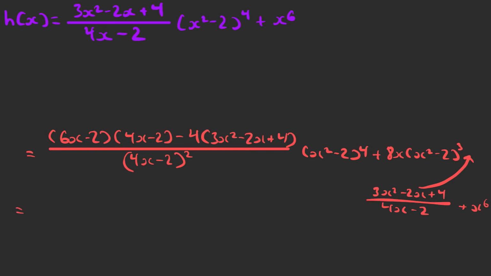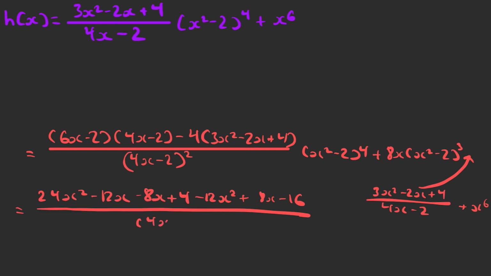The expansion of this would be 24x squared minus 12x minus 8x plus 4 minus 12x squared plus 8x minus 16 over 4x minus 2 all squared. This will equal 12x squared minus 4x, and then minus 8x would be minus 12x, minus 12, all over 4x minus 2 all squared.